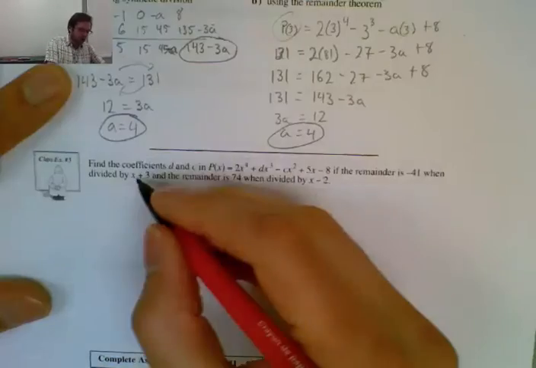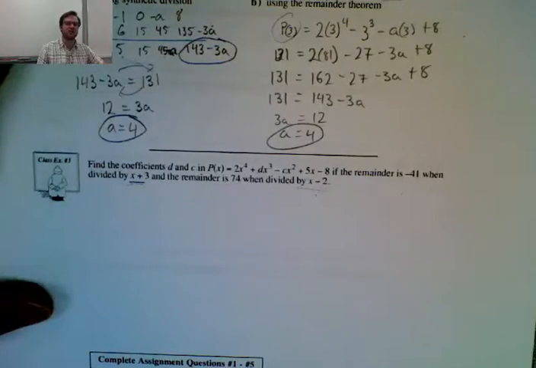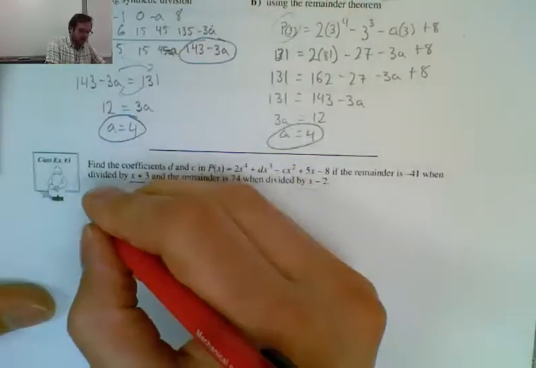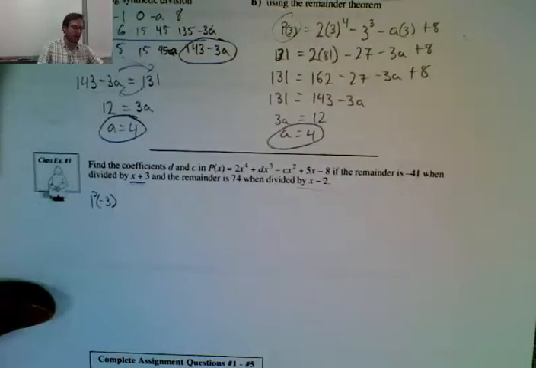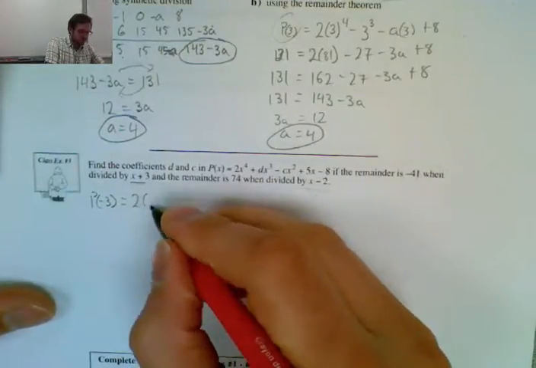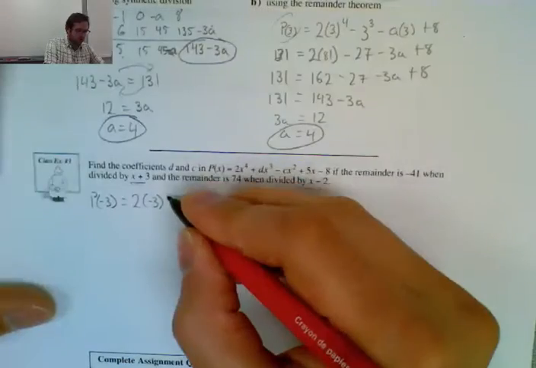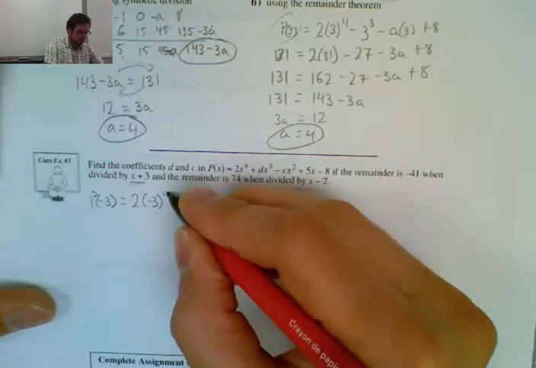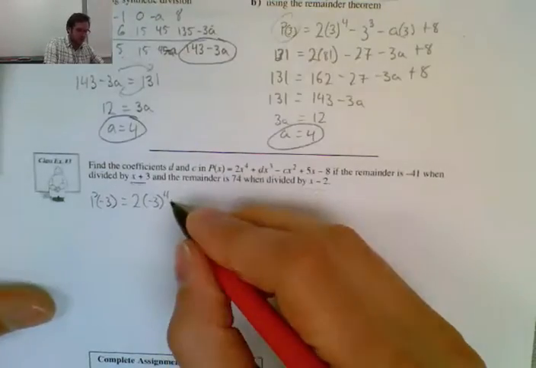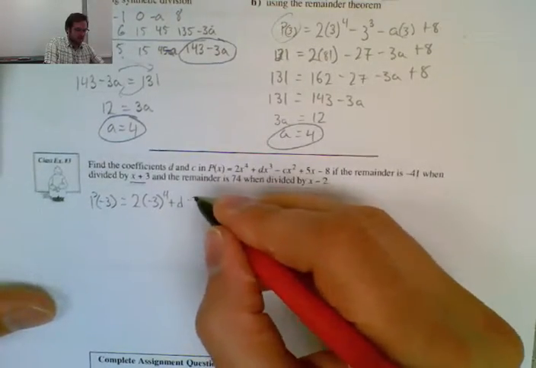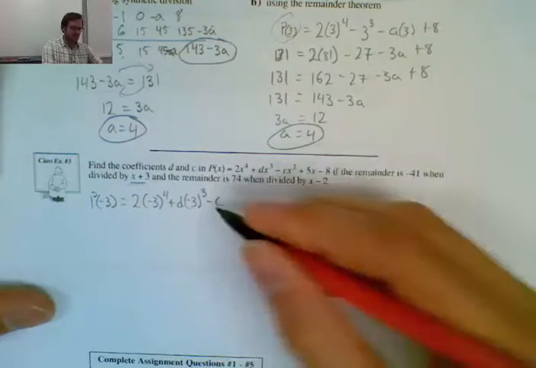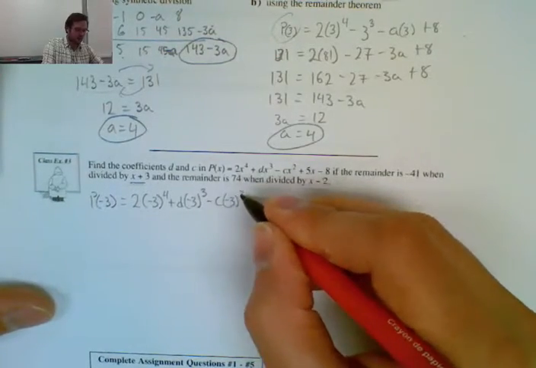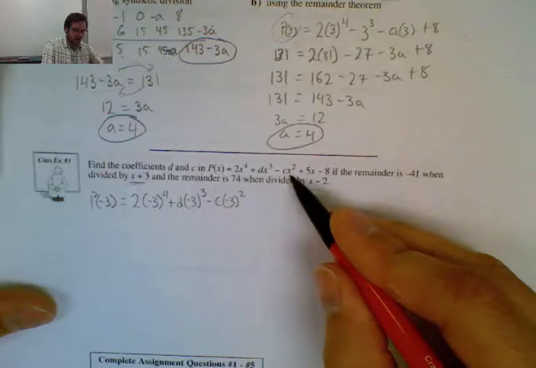So first of all, I'm going to look at when we have x plus 3. So that's going to give me negative 3. So we're going to go P, the polynomial function, where we're substituting in negative 3 for x, which is going to give me 2 times negative 3 to the power of 4, and then plus d times negative 3 cubed, and we're going to minus c, and that's going to be negative 3 squared, and what's the next part here?